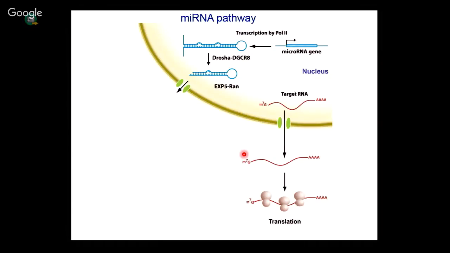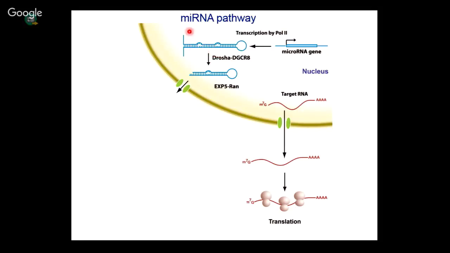For the microRNA pathway in mammalian cells, the microRNA genes are transcribed by RNA polymerase II, forming the primary microRNA or microRNA precursor.